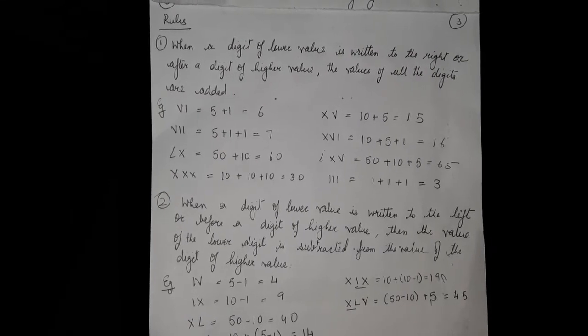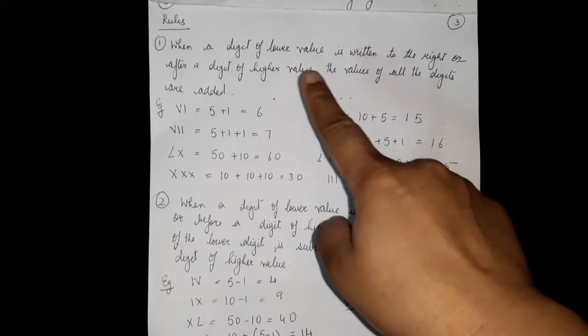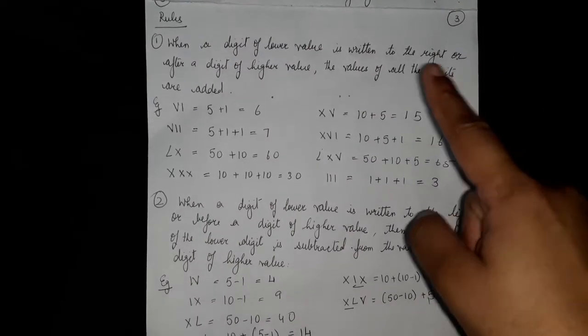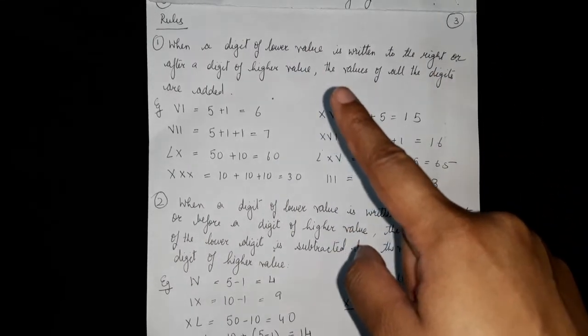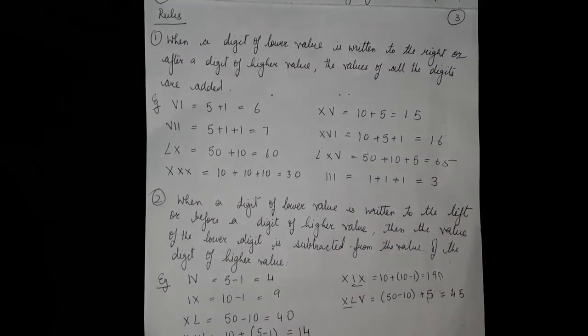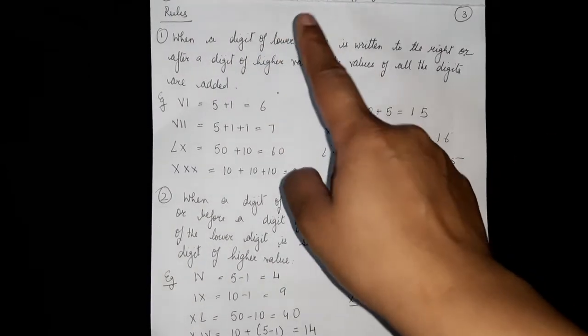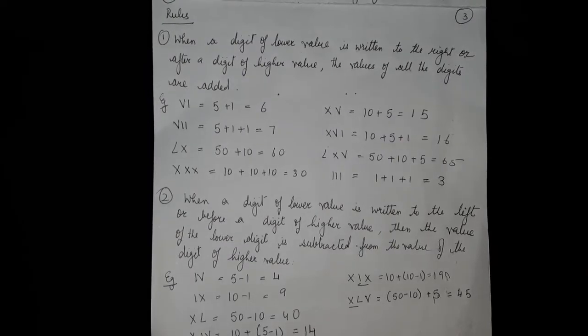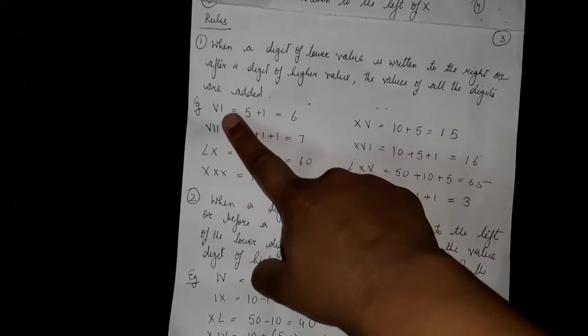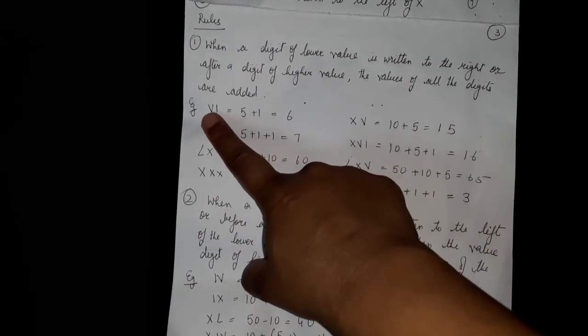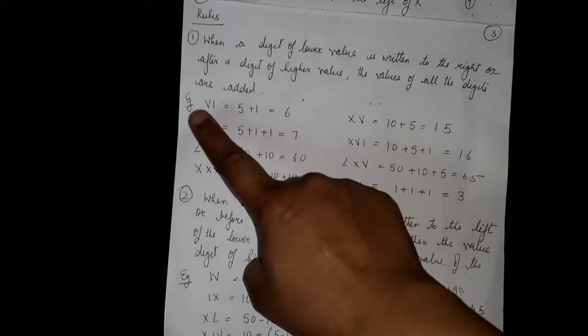What are those rules? When a digit of a lower value is written to the right of the digit of a higher value, the values of all the digits are added. Like VI, I is of a lower value and V is of a higher value, and it is written to the right of it.